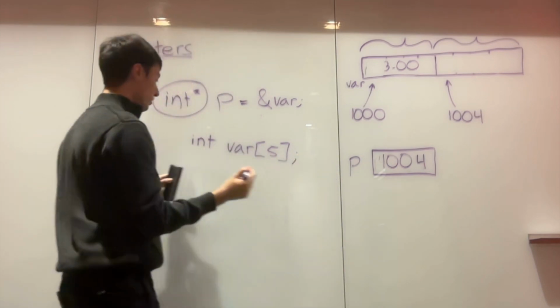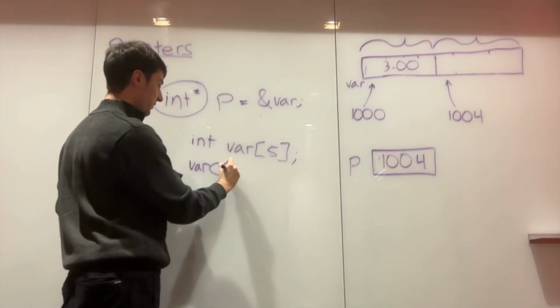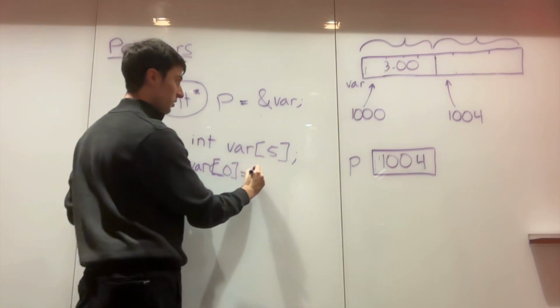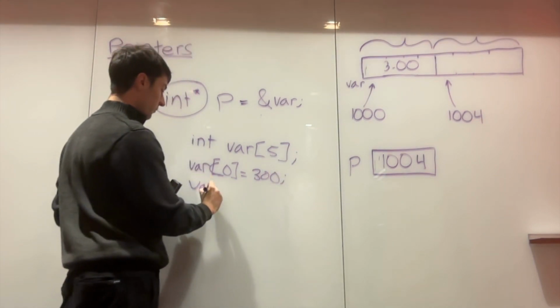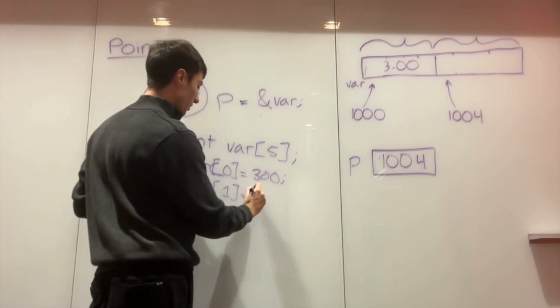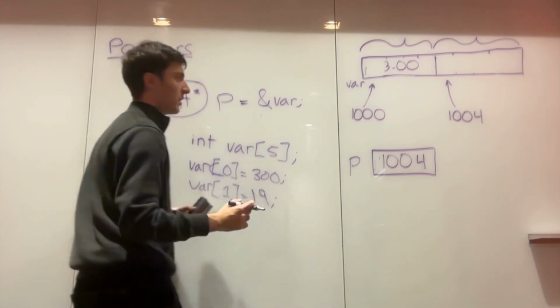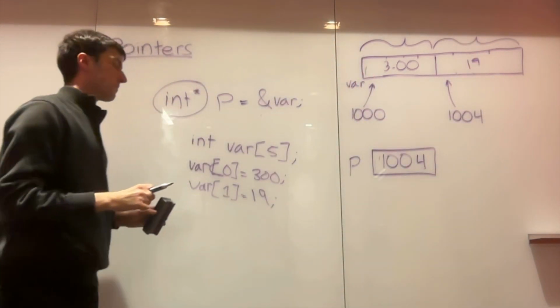And then we can do var and then index it of 0 equals 300, var of 1 equals 19, etc., right? And then it's going to live right there, okay?